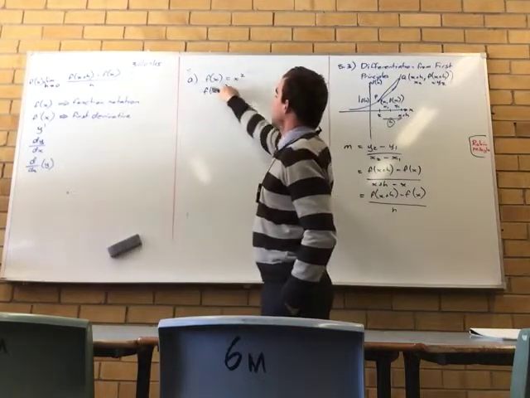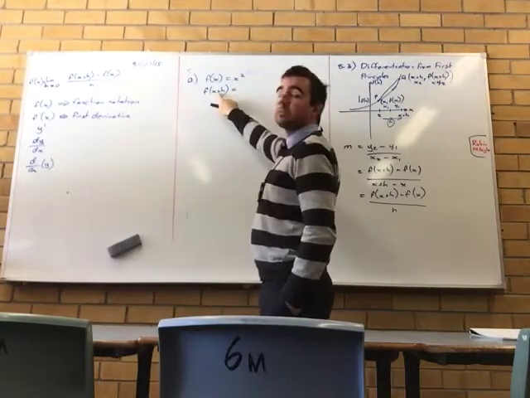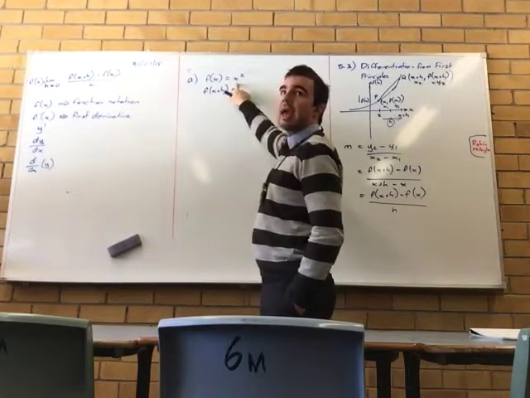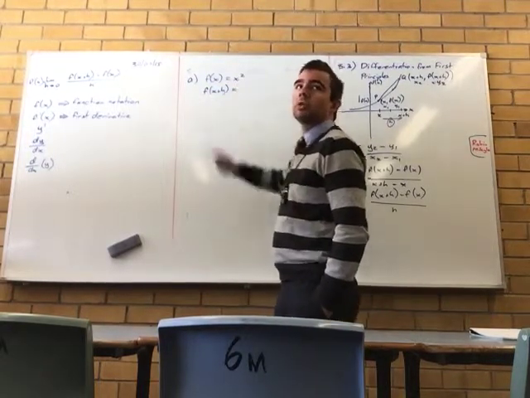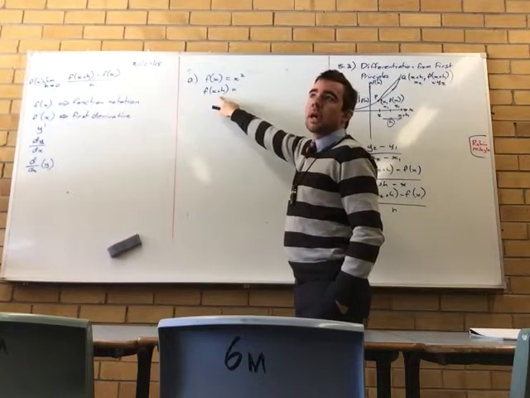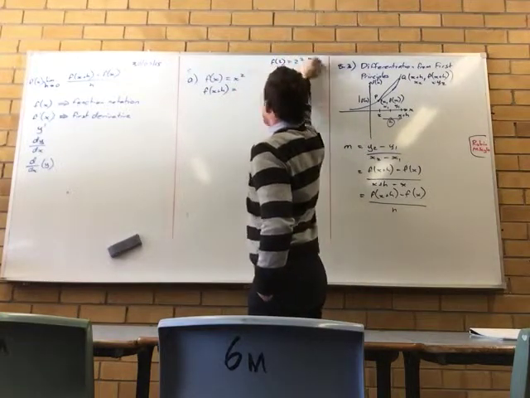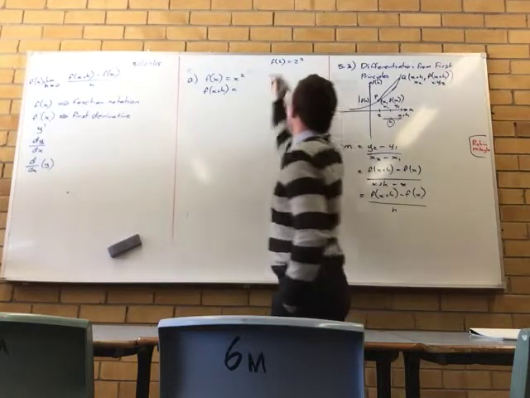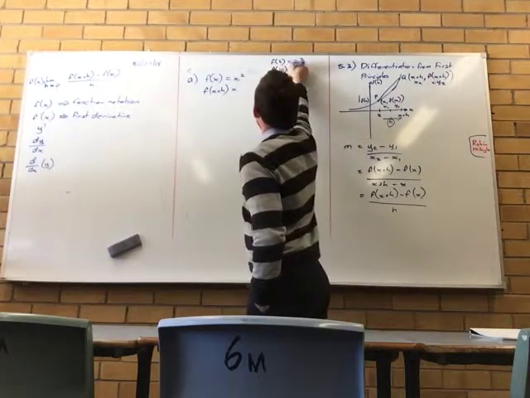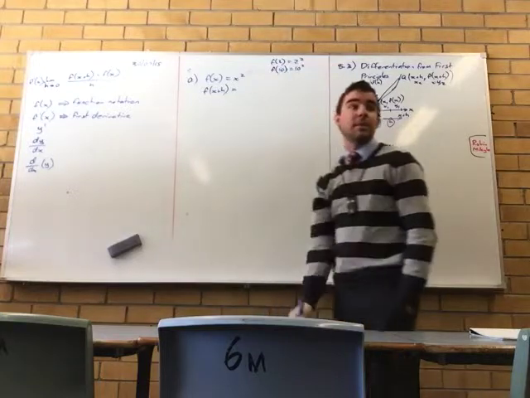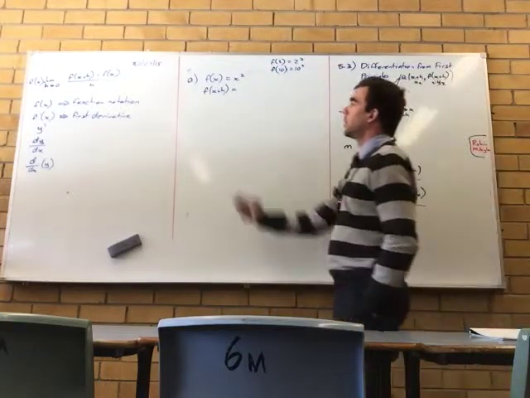Alright, so if f of x is x squared, then for f of x plus h, every time there's an x in the function, I've got to replace it with x plus h. So in other words, f of 2 is going to be 2 squared. Alright, f of 10 is going to be 10 squared. Okay, that concept's what we're working on.